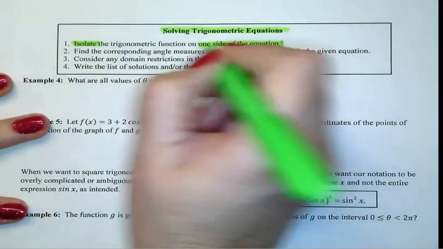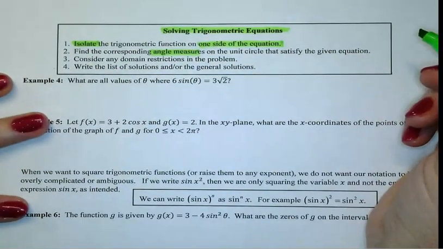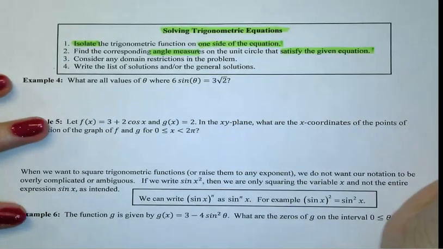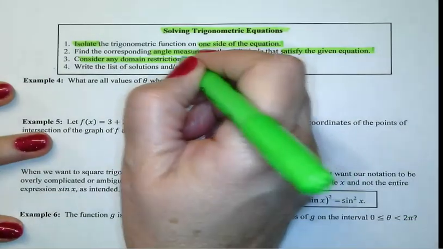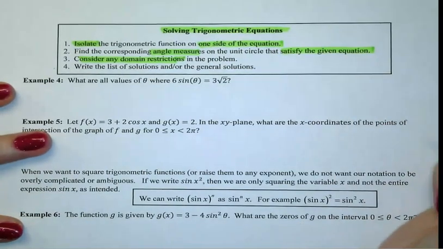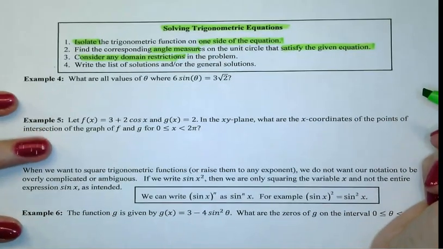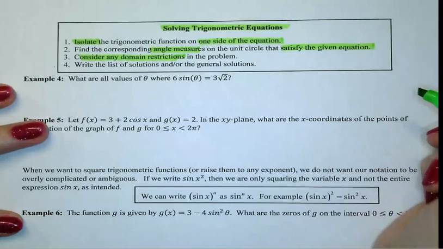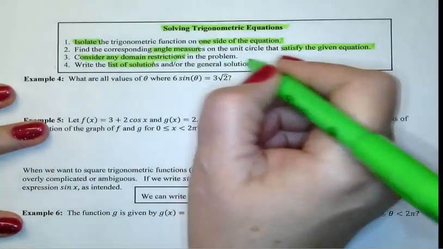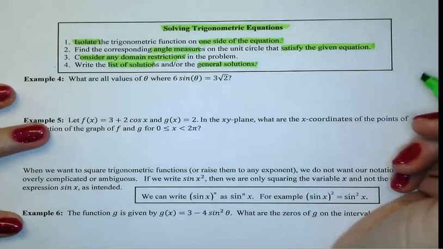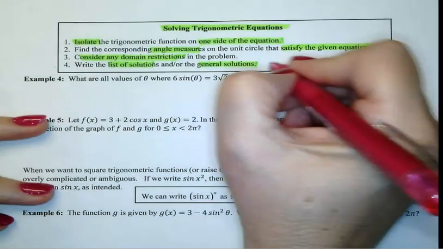And then we're going to find the angle measure on the unit circle that satisfies the equation. We are going to consider any domain restrictions. So we have to remember that sometimes when we're solving, we may have to put those restriction marks on our graphs still. And then we're going to list the solutions or the general solution, which would be the equation.